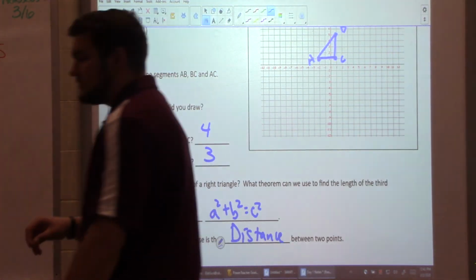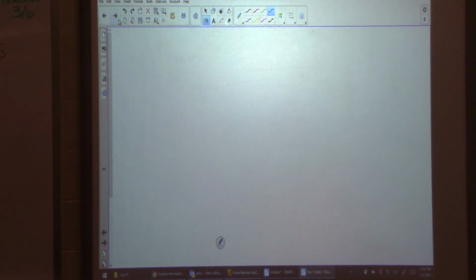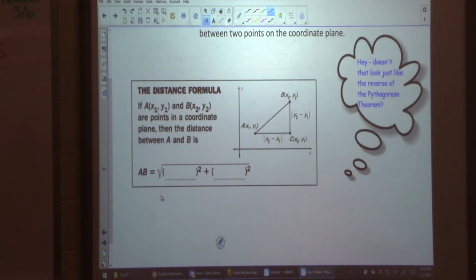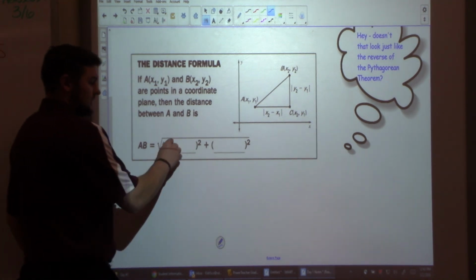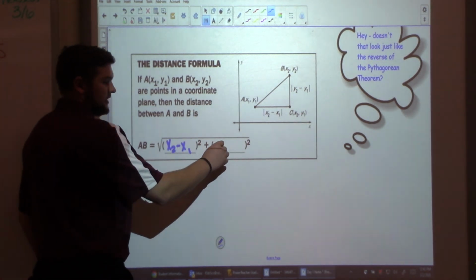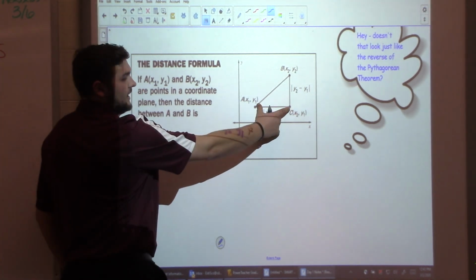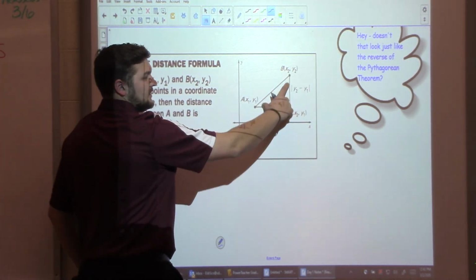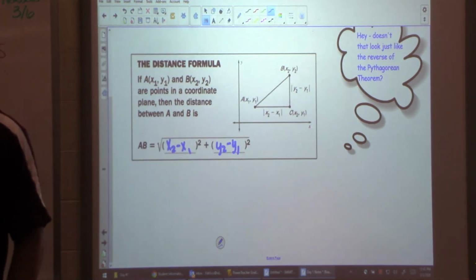Alright, so our distance formula is, anyone remember what it is? Square root of x2 minus x1 squared. Yeah, good. x2 minus x1 squared plus y2 minus y1 squared. It's a squared plus b squared equals c squared, except when I solve for c, I take the square root of both sides, right?